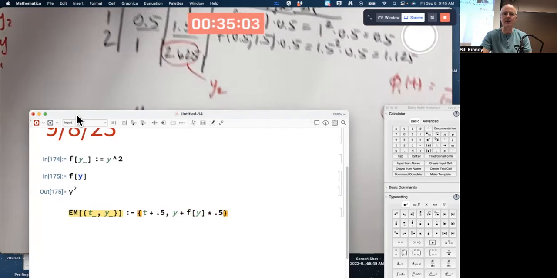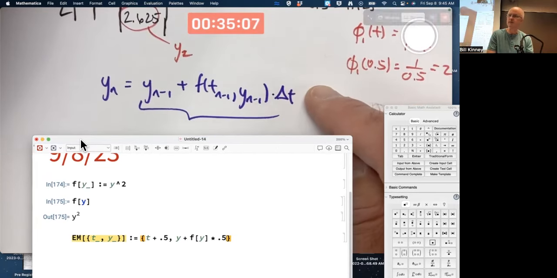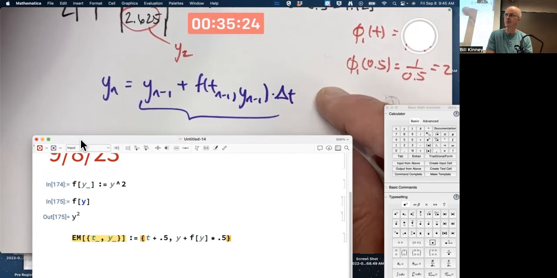That effectively, without subscripts, is applying this formula. In the first coordinate, I just keep updating the value of t by delta t. I keep adding delta t to get the next value. Notice there are no subscripts in the Mathematica. The subscripts are just for your convenience when you write it by hand, to keep track of your step. But as far as Mathematica is concerned, I don't need subscripts.